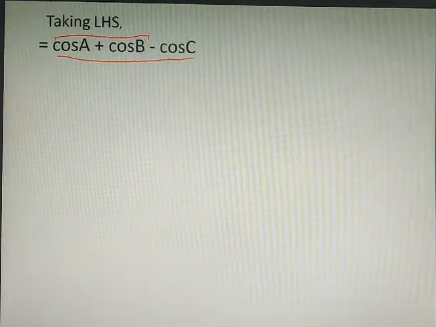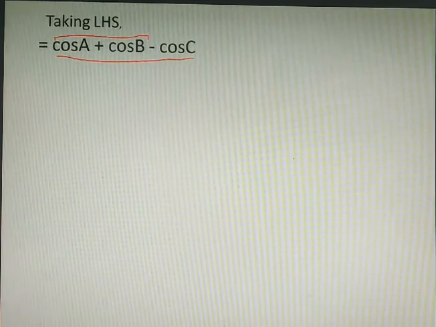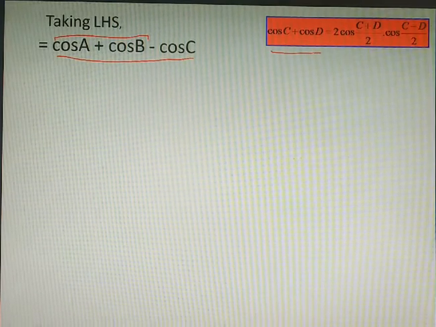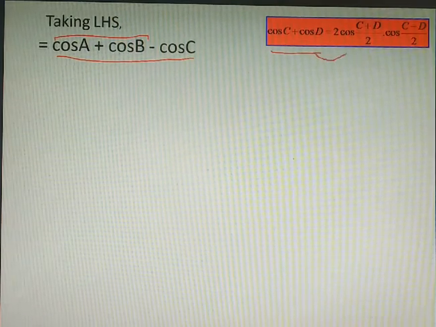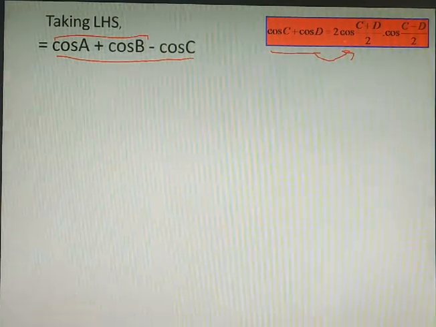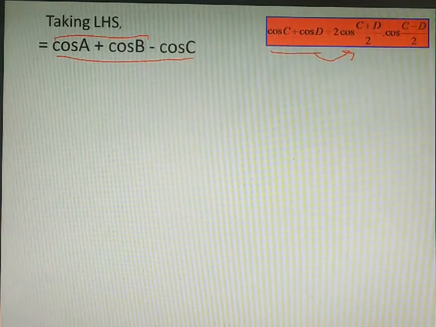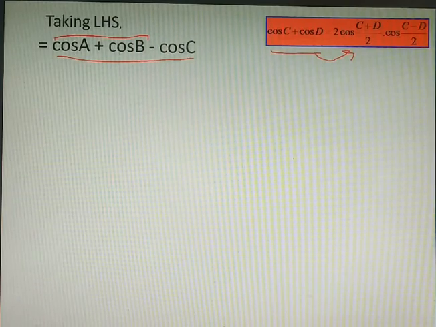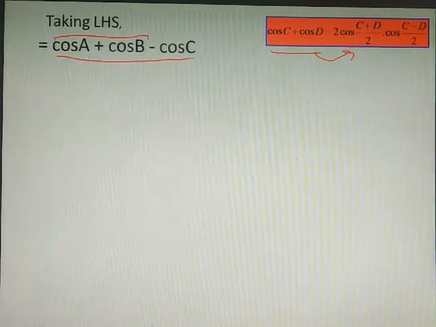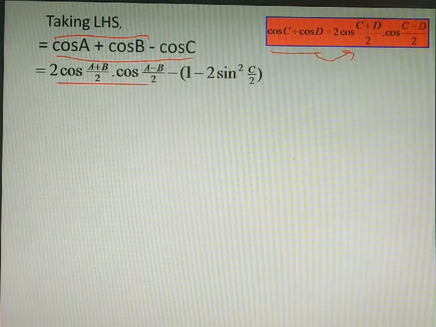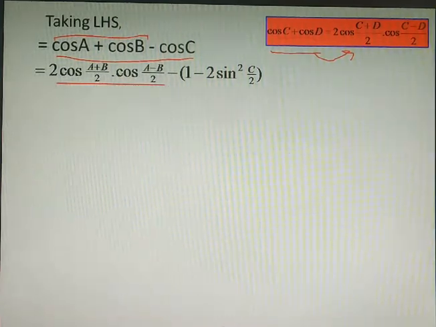You can see these two are in the form of cos C + cos D, and from this formula we can convert cos C + cos D into 2 cos((C+D)/2) cos((C−D)/2). So converting in the same form, cos A + cos B becomes 2 cos((A+B)/2) cos((A−B)/2).